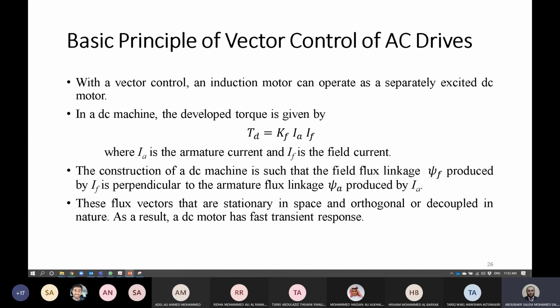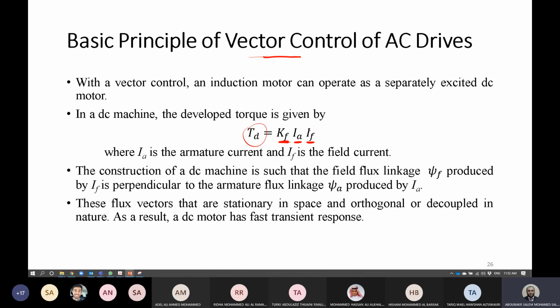How can we use this in control, shabab? There is a well-known control technique for the induction motor called vector control or field-oriented control. It basically depends on making an analogy between AC motors and DC motors. You know, for a DC motor, you have torque equals Kf multiplied by Ia multiplied by If, where Kf multiplied by If is the machine constant multiplied by flux.